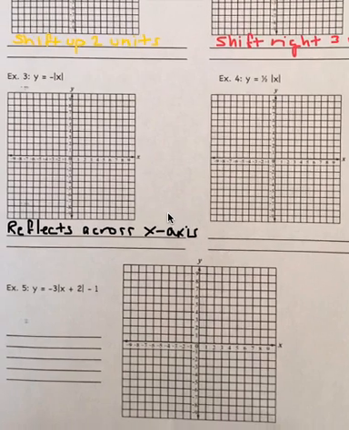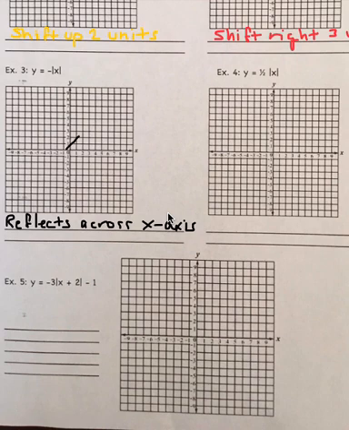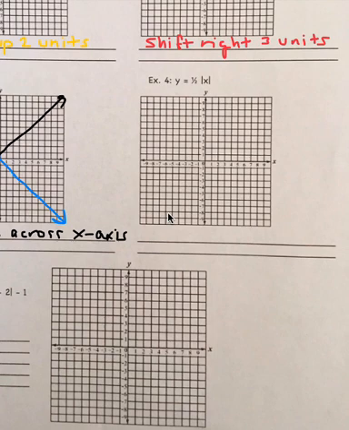So our parent function is still the same. But now our new function flips over. So it still starts at 0, 0, but now it's upside down. That's what reflecting across the x-axis means.